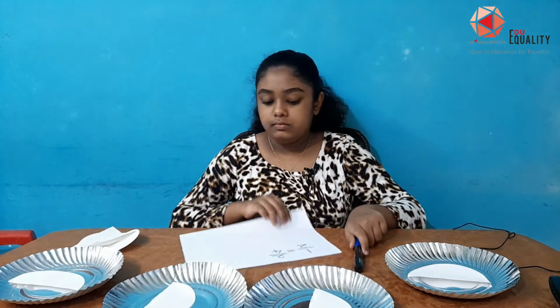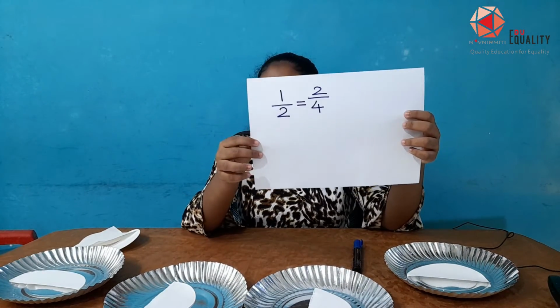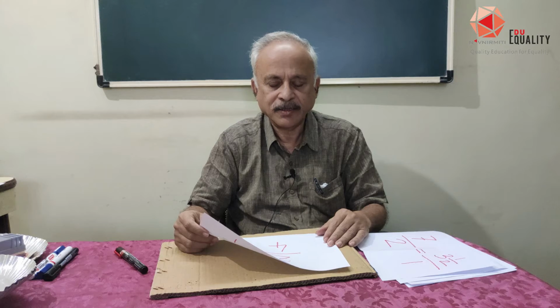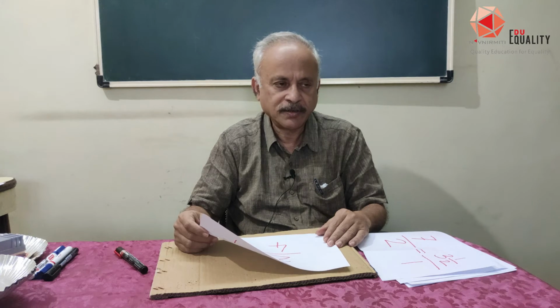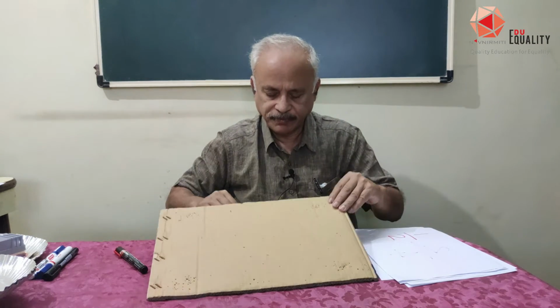And hold that up on camera. So we see that 1 by 2 is equal to 2 by 4. Okay. Alright, now empty your plates and do the next problem.